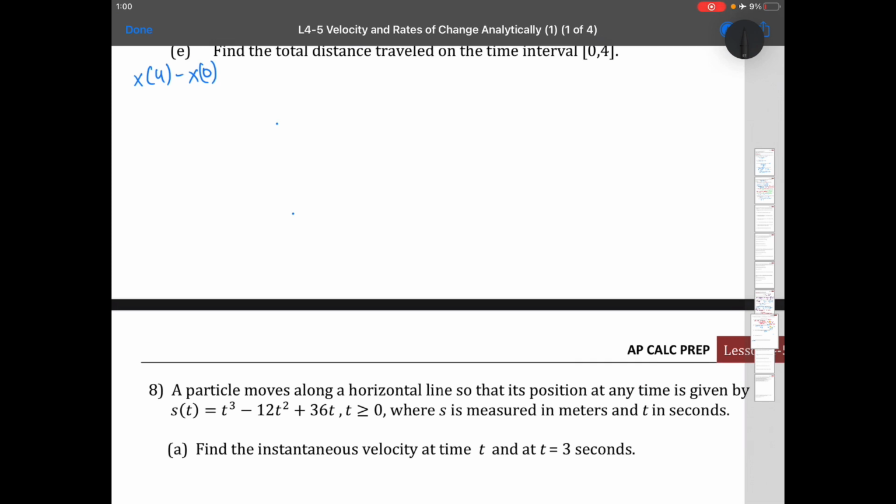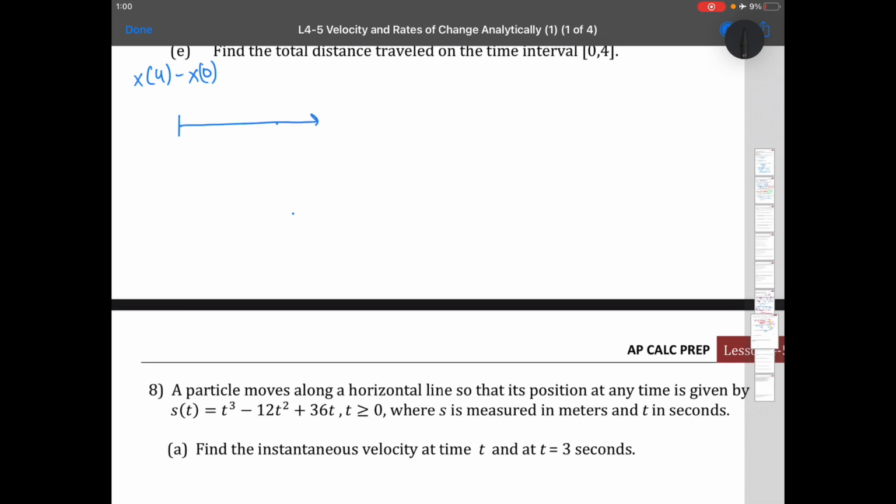But here we're being asked for the total distance, so we need to take into consideration anywhere we change direction, because some of our trip might have cancelled out. So what we want to do is find the absolute value of our displacements and add them up.